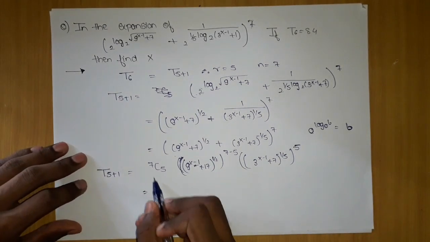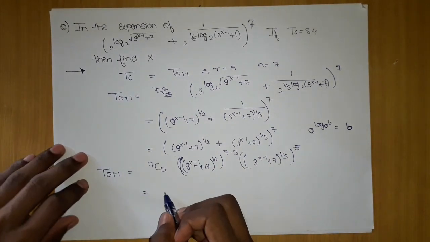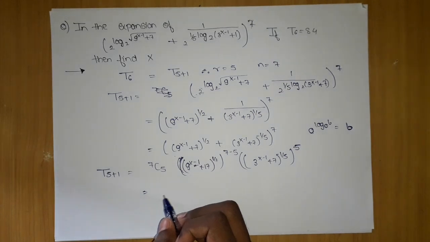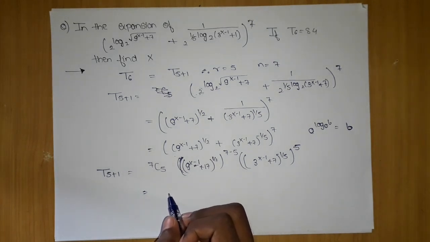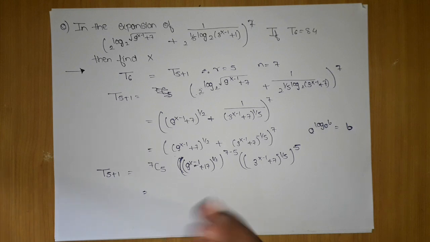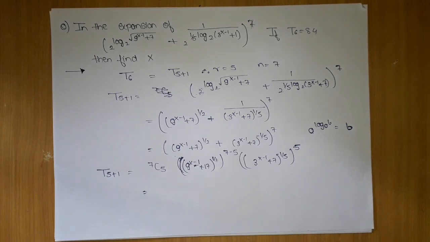So here you can clearly see 7c5, if we calculate, is 7 factorial upon only 6 and 7, 42 divided by 120, 5, by 2. So we are getting something, if we simplify, 10.